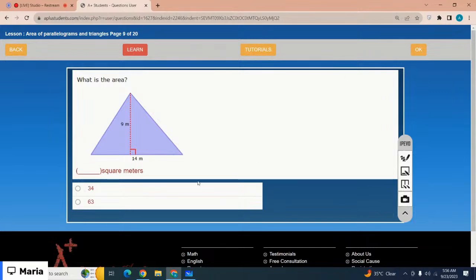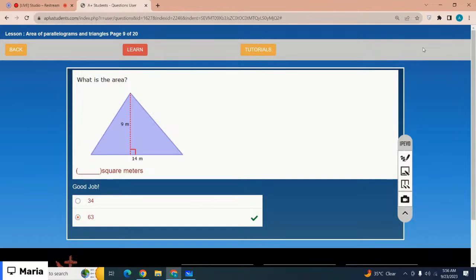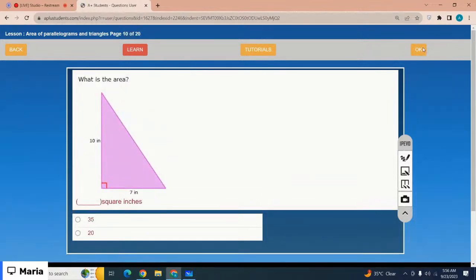Yes, that would be 63. The correct option is 63. Okay, what is the area?